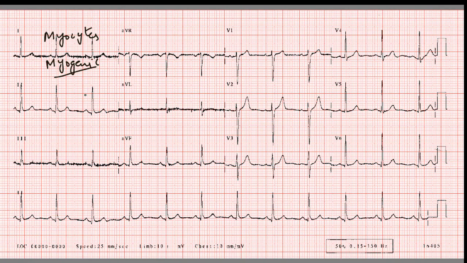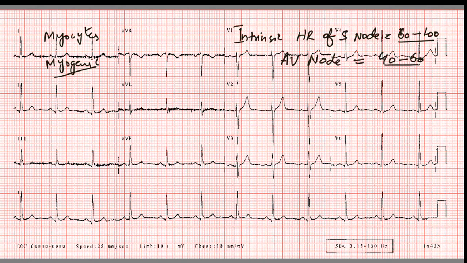Well, the intrinsic heart rate of the SA node is around 60 to 100, while that of the AV node is around 40 to 60, and that of Purkinje fibers is around only 20 to 40.